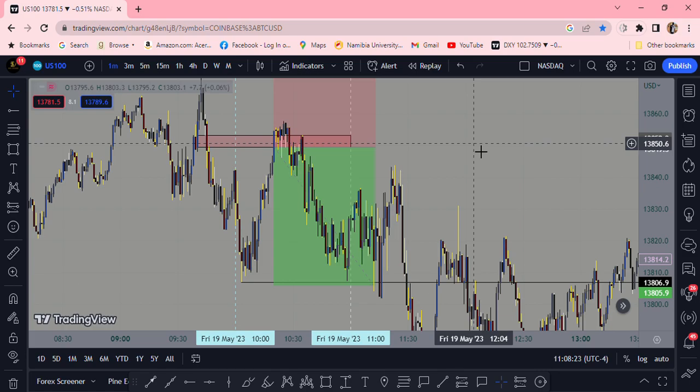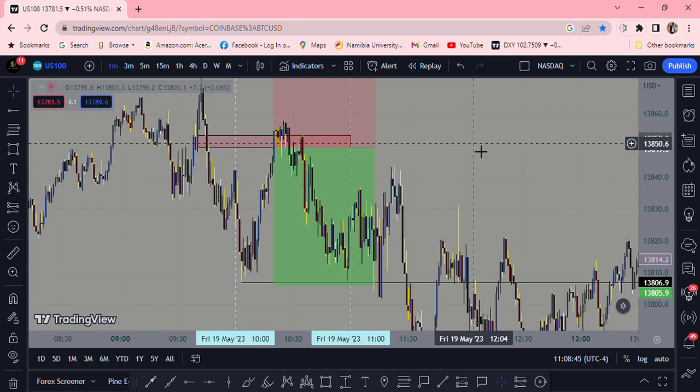So I've also been hearing that there are too many people trading too many ICT concepts. Like there's the new day opening gap, new week opening gap, mitigation block, breaker blocks, all that.